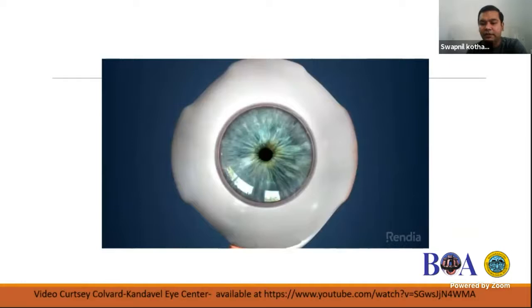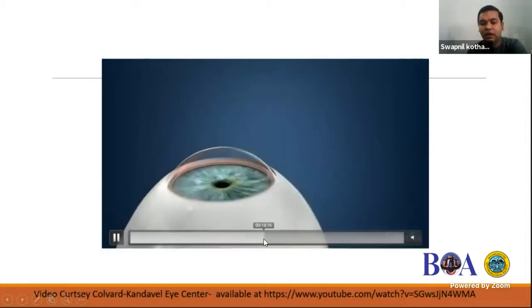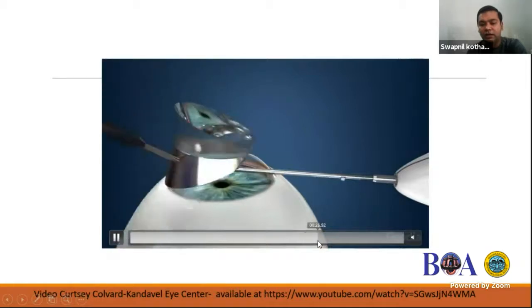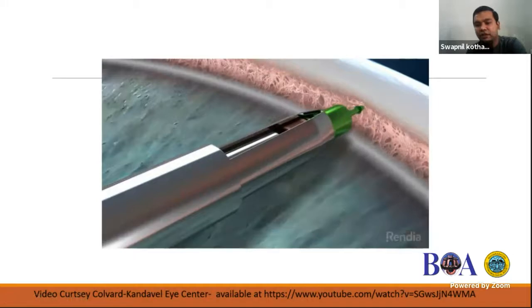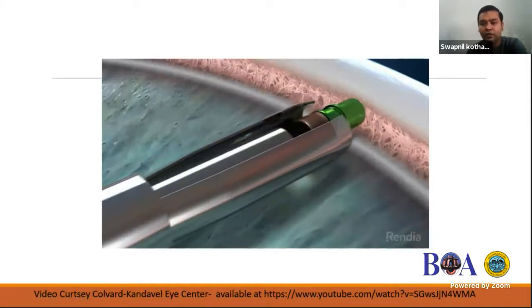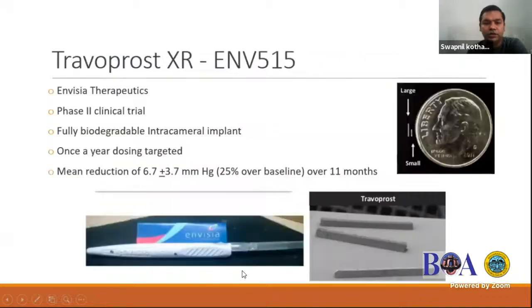The implantation mechanism is similar to iStent, where you form the anterior chamber with viscoelastic, then go through the main incision and anchor the implant at the trabecular meshwork under direct visualization with direct gonioscopy. So this is basically how you implant the iDose.